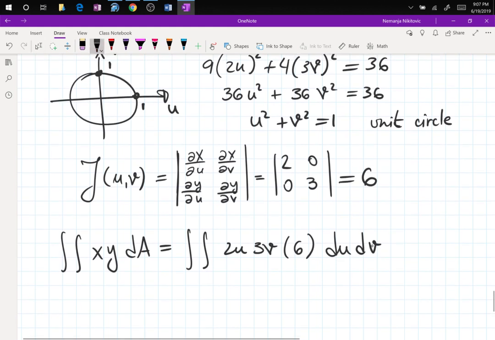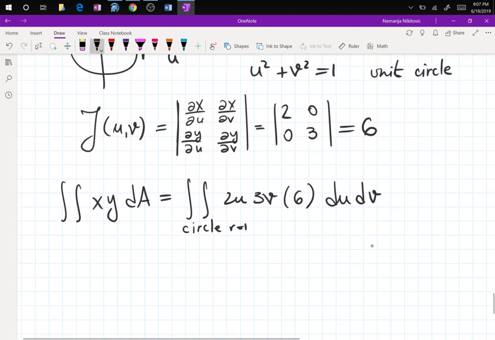And over here, I'm just going to say circle r equals 1, because I am not working in rectangular coordinates for a circle. 2 times 3 times 6, that's 36. Double integral uv du dv.